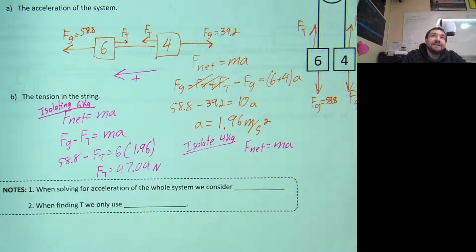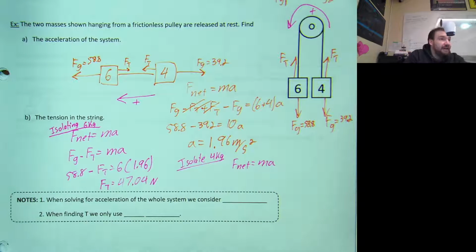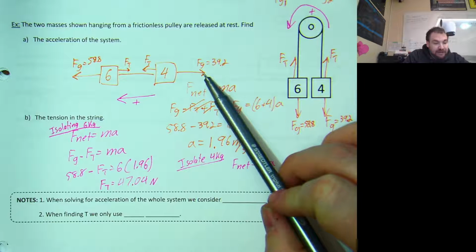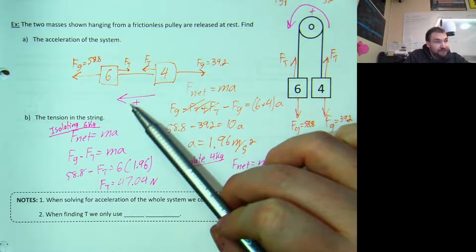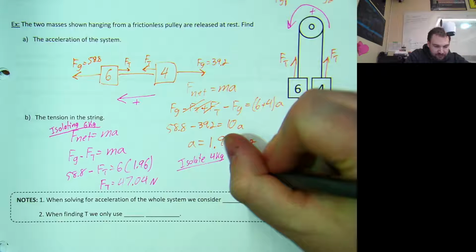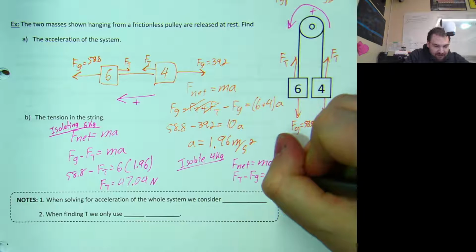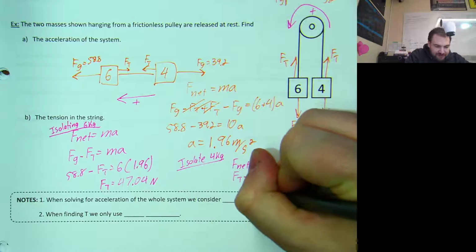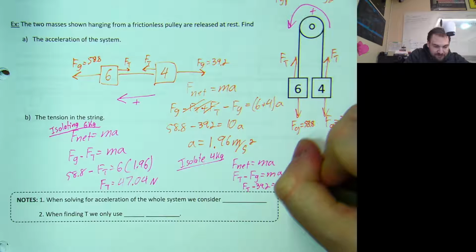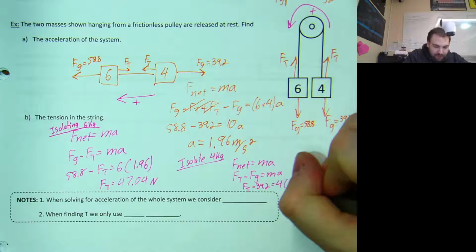Oh, sorry, it's not sitting on anything. Just tension and gravity. So I've got FG acting to the right. We said that to the left was positive, if you remember yesterday. So this one's going to be FT minus FG equals MA. So FT minus 39.2 is equal to 4 times 1.96.